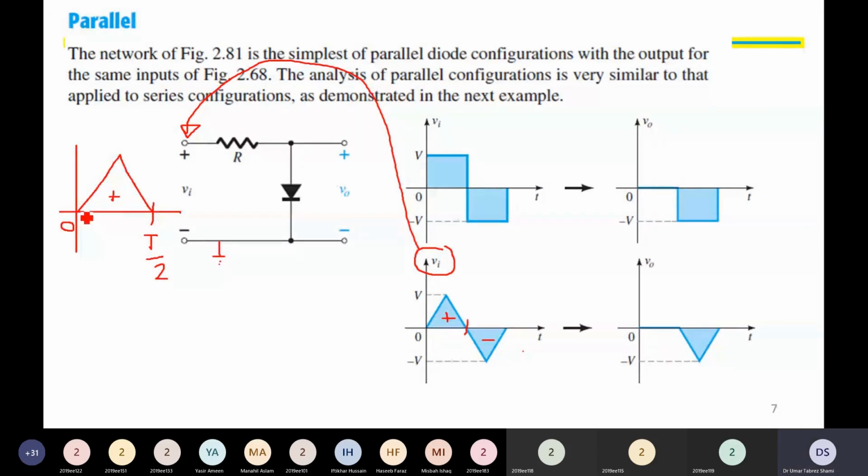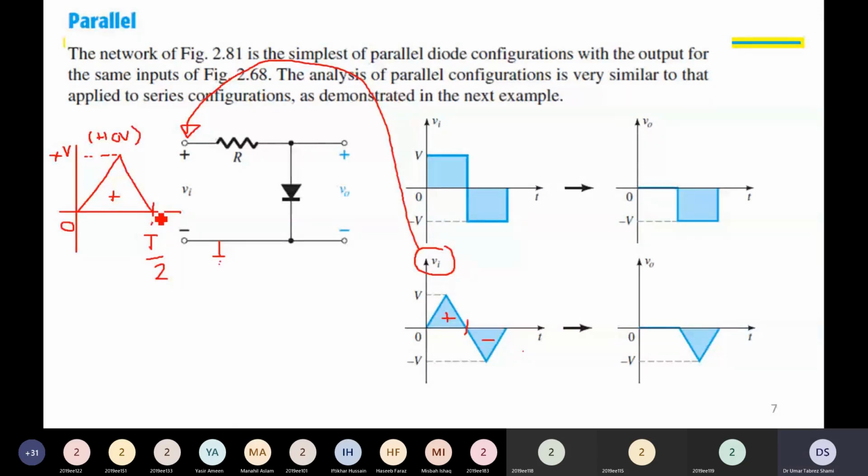And let us assume that the triangular waveform starts at time 0 and then at a certain time it reaches its maximum voltage of positive V volts. For example, I am taking positive 10 volts. Then from the maximum positive 10 volts to T/2, the triangular waveform follows a negative slope, and at time T/2 the input voltage approaches 0 volts.